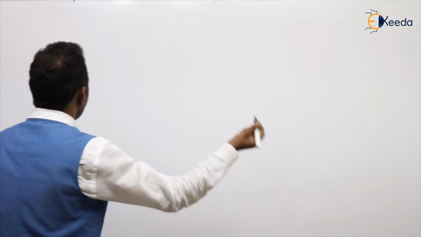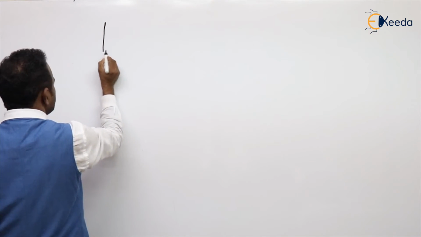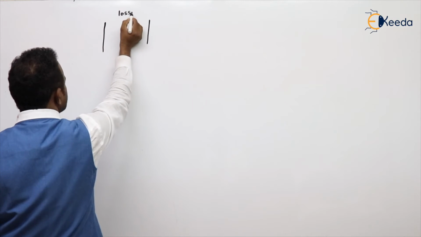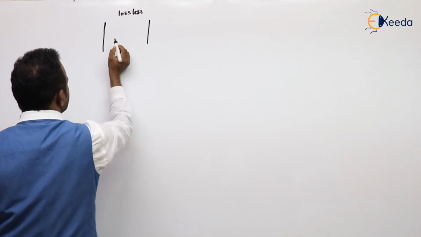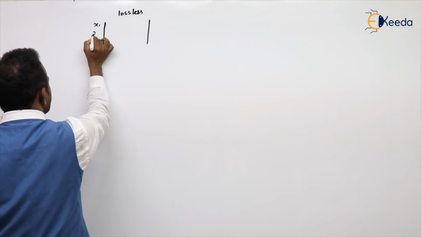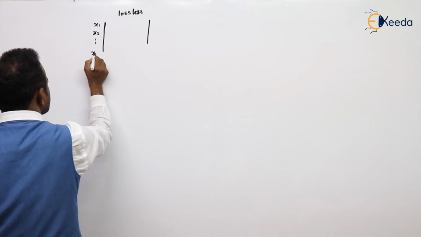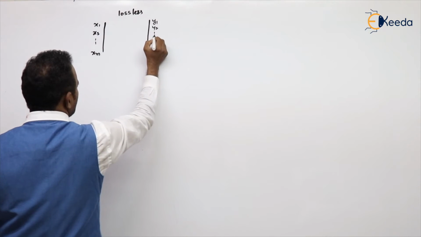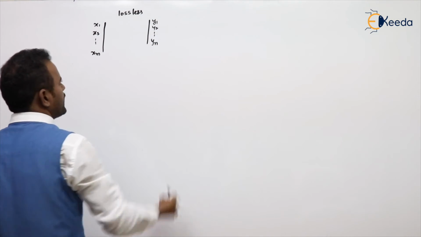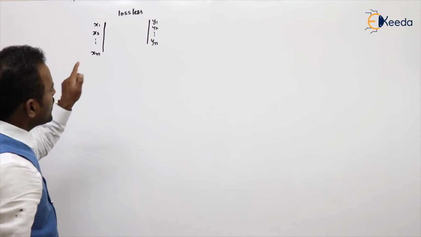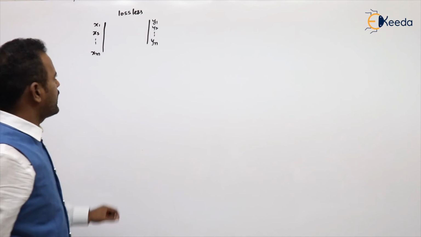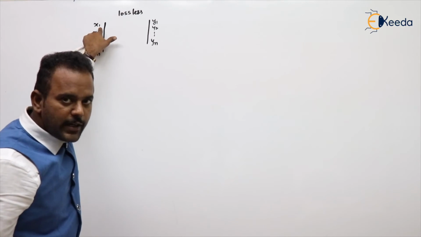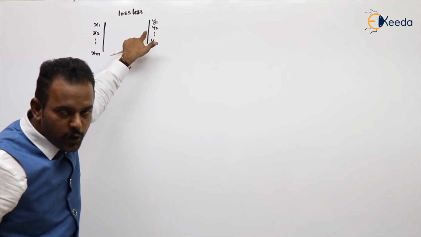For example, I have one channel. Let's take the given channel is lossless, and input side symbols are x1, x2 and so on, xm. Output side symbols, let's say y1, y2 and so on, yn. The channel is lossless. The meaning is, student, whatever symbol you transmit, it will definitely go to output.